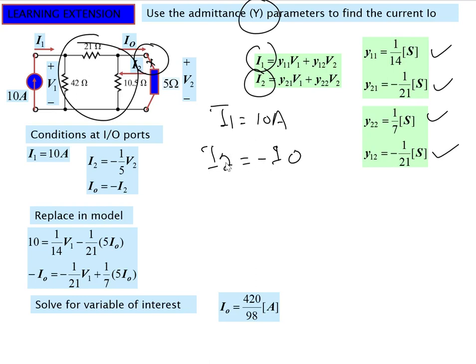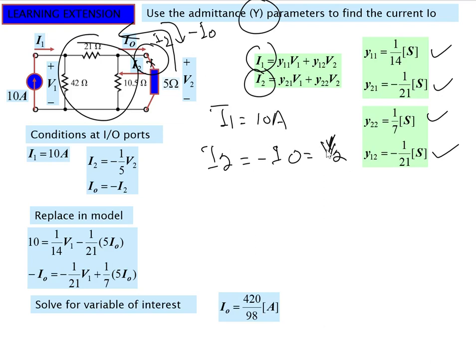I0 is going downward, whereas I2 will go upward, so I0 is the negative of I2. So this is I2, and this is equal to V by R, where V is V2.